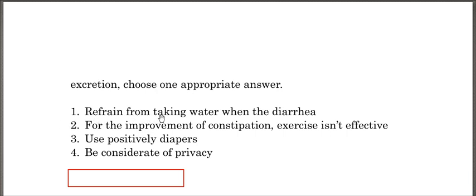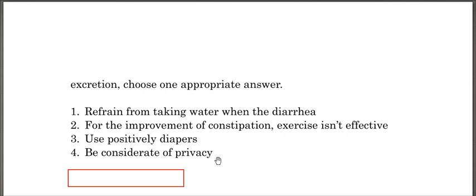Refrain from taking water when the diarrhea. 2. For the improvement of constipation, exercise isn't effective. 3. Use positively diapers. 4. Be considerate of privacy. You understand?